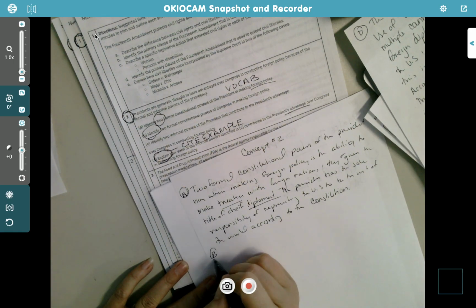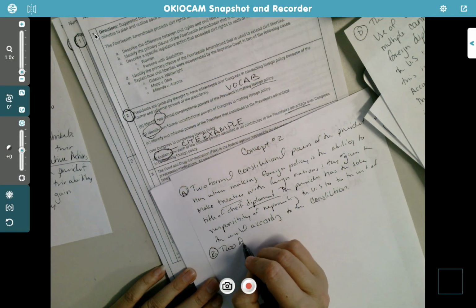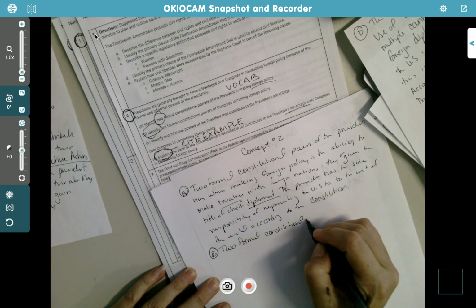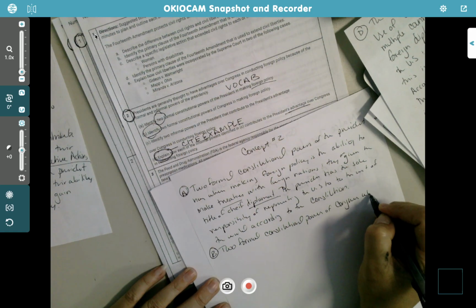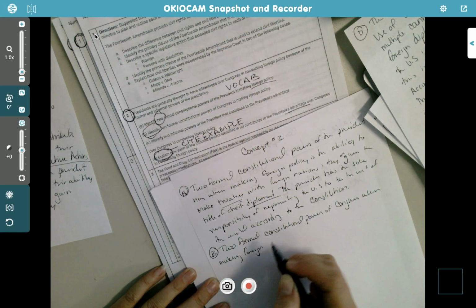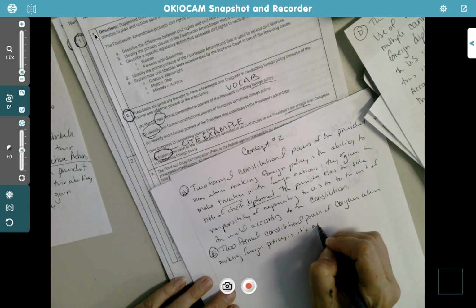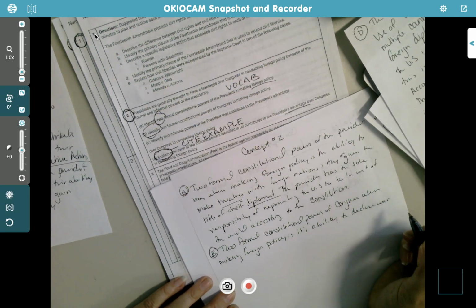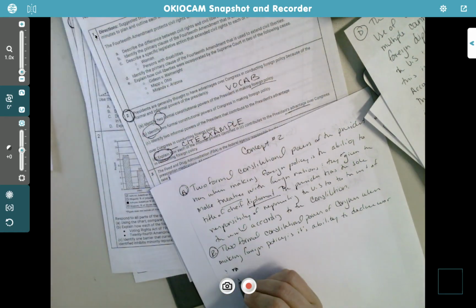B. Two formal constitutional powers of Congress when making foreign policy is its ability to declare war, and, what did we pick?